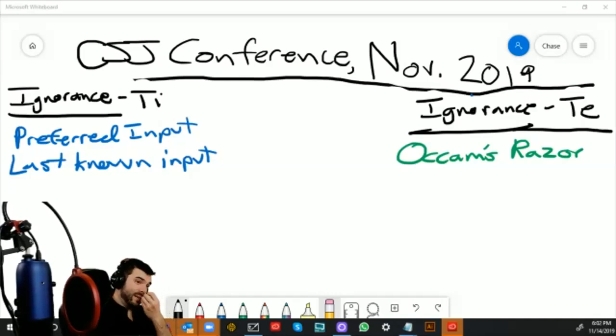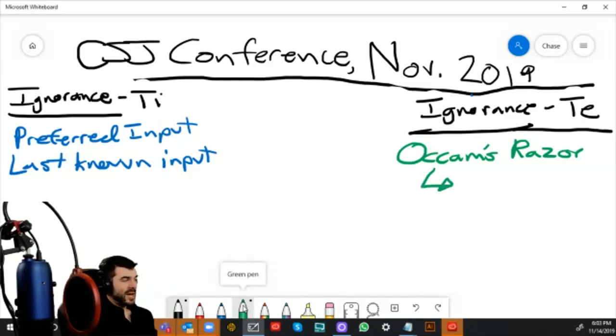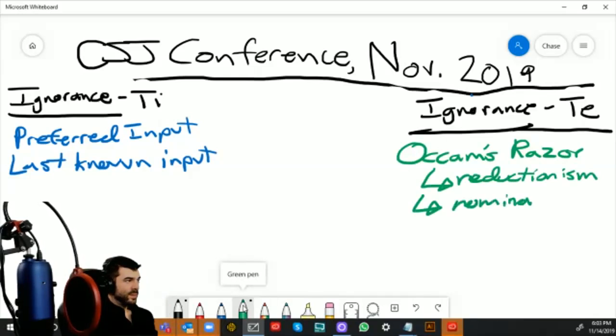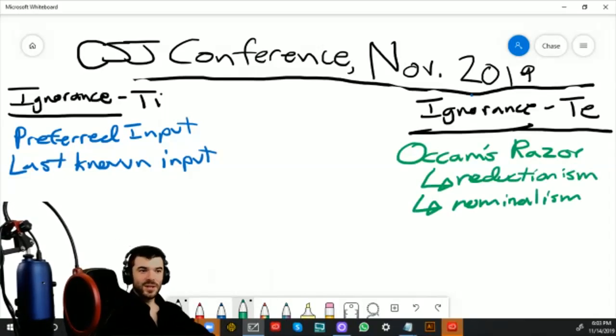Wait a minute. Occam's razor, the ignorance of TE users, is attached to reductionism or nominalism. So for you TE users, I'm using the dictionary because you like your labels, right? You like your references.